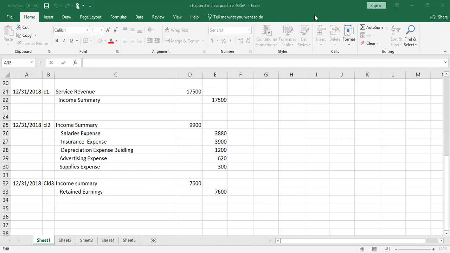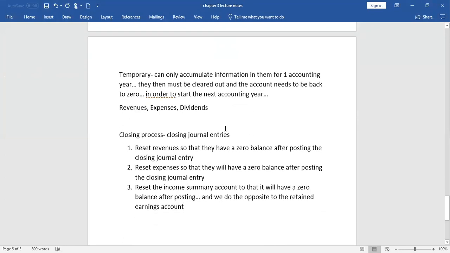There we go. Okay, so let's go back over to our notes and do our final. Oh, well, we'll post that one after we do the final journal entry.